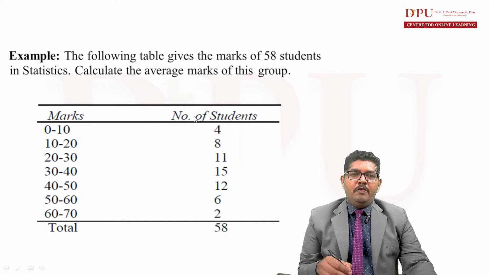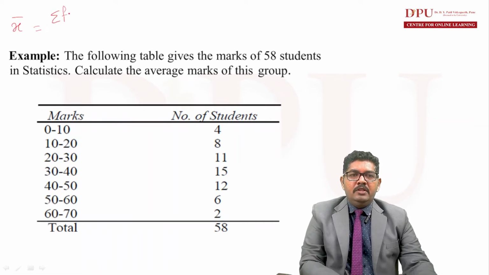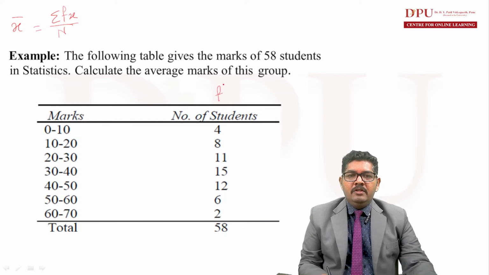So the formula which we use here is x bar is equal to, if you remember it, let me write it here again, summation of fx, direct method, divided by n, where n is summation of f. Number of students or number of occurrences in the particular group are called frequencies. So these are the frequencies, 4, 8, 11. So summation of frequency is equal to n.